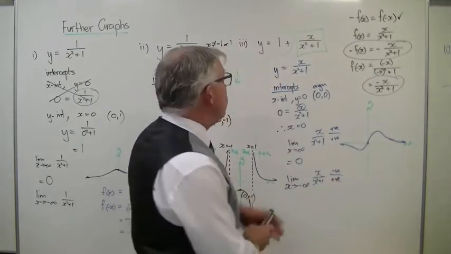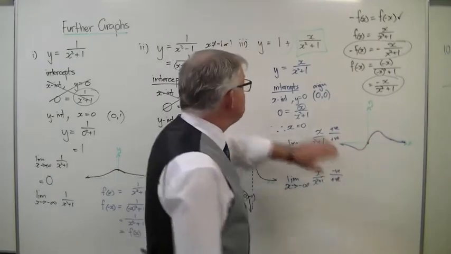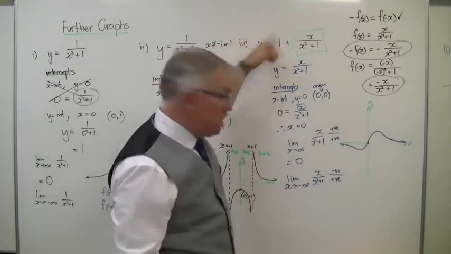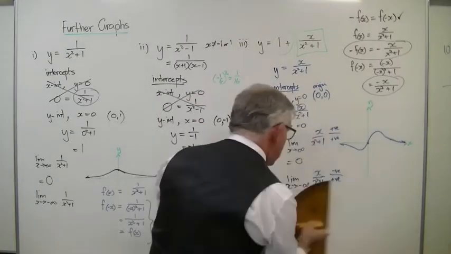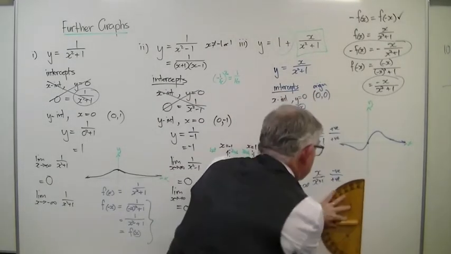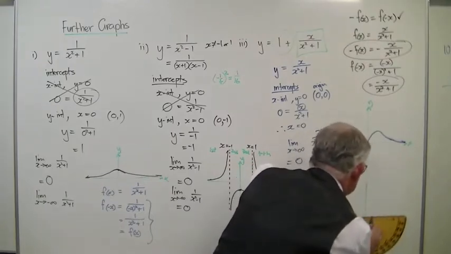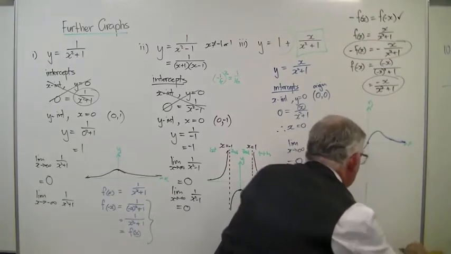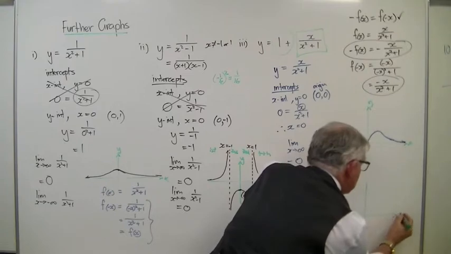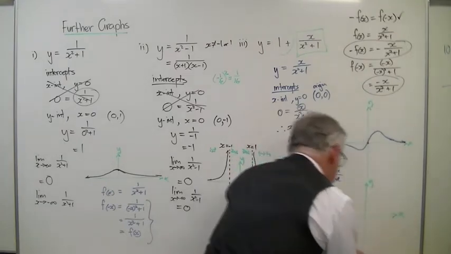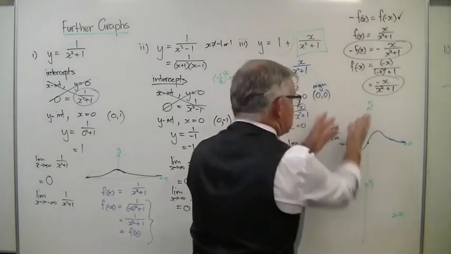Now, as I said, all of this blue analysis is purely for that part of the function, but we've got a plus 1 here. So let's actually put the plus 1, because we don't want to go anywhere without our plus 1. And with this plus 1, there's our x-axis, our y-axis, and everything just gets shifted up 1.